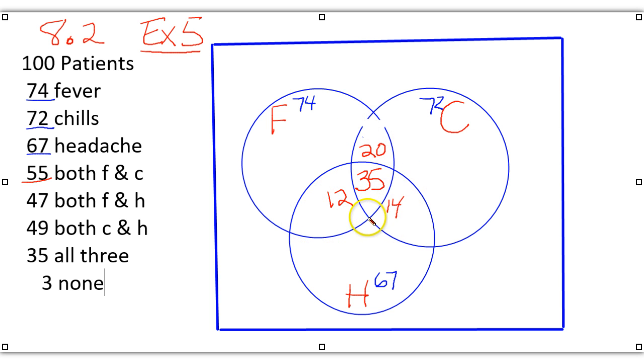What are we missing? Well, of all our data, how many only had a fever? We don't have that yet. So what we need to do is add up the 20, the 35, and the 12, and that comes to 67.